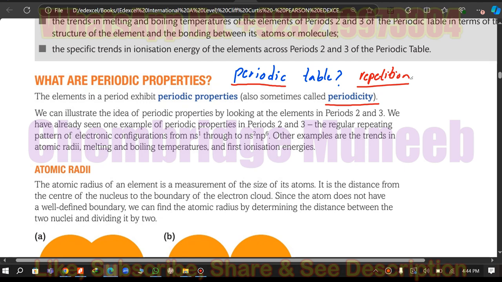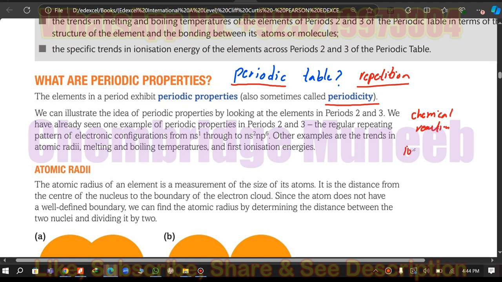Repetition of something which occurs repeatedly. So periodicity means something is occurring periodically. And what are those things here in chemistry? Those are the chemical properties of the elements, including their behavior in chemical reactions.